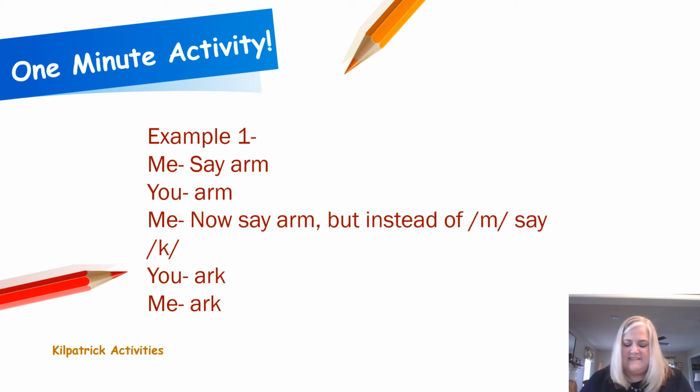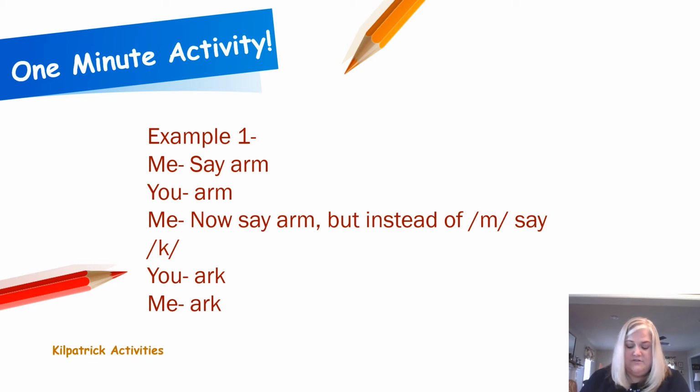Now say let, but instead of t, say d. Led. Correct. Say them. Now say them, but instead of th, say n. Lead, correct. Say seen. Now say seen, but instead of n, say t.